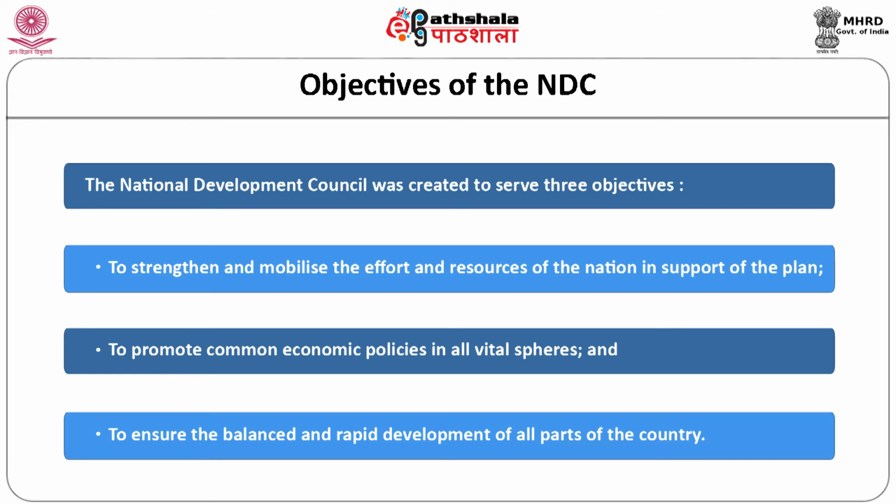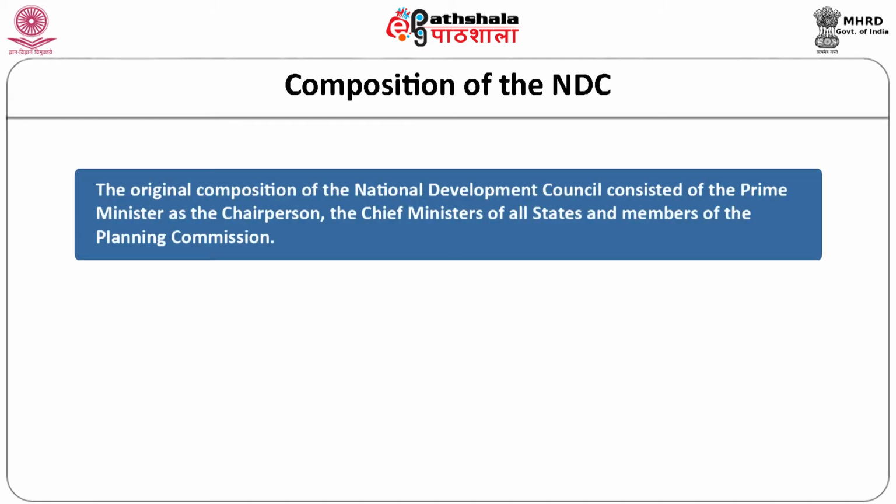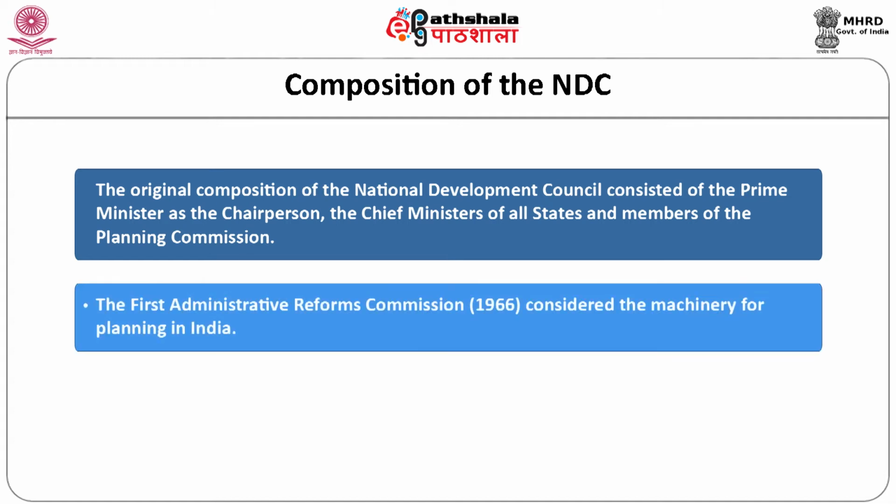The original composition of the National Development Council consisted of the Prime Minister as the chairman, the Chief Ministers of all the states and members of the Planning Commission. The first Administrative Reforms Commission in 1966 considered the machinery for planning in India.